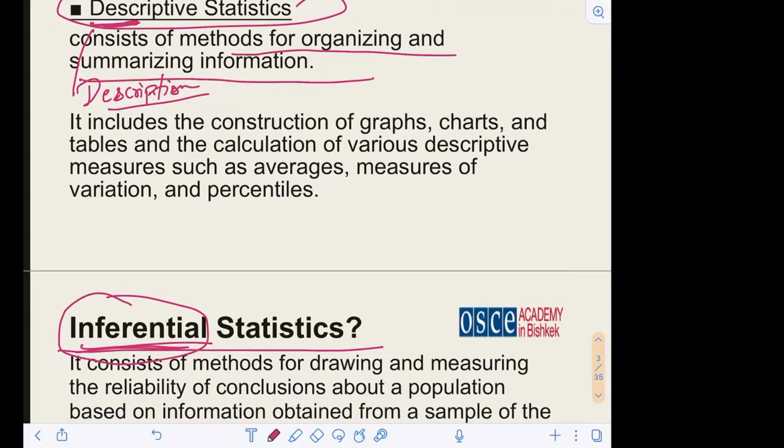Let's say, how many people are driving cars in Bishkek? If I ask you this question, what are you going to do? First of all, you are going to collect information.